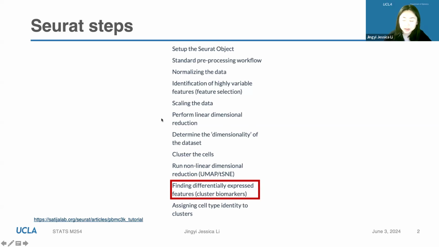Okay, so for the linear dimensional reduction part, we also cover several methods, including PCA, right? And for single cell data, we have another variant called GLM PCA. GLM PCA is different from PCA because we don't assume the data to be Gaussian.